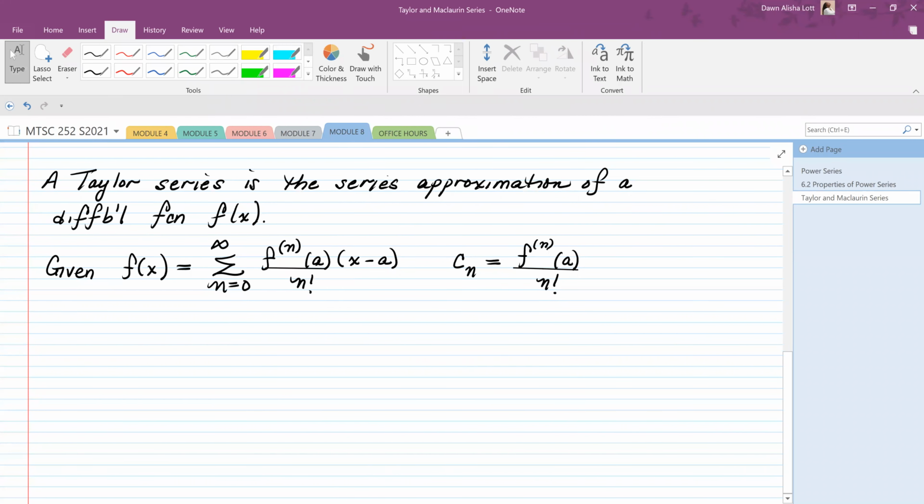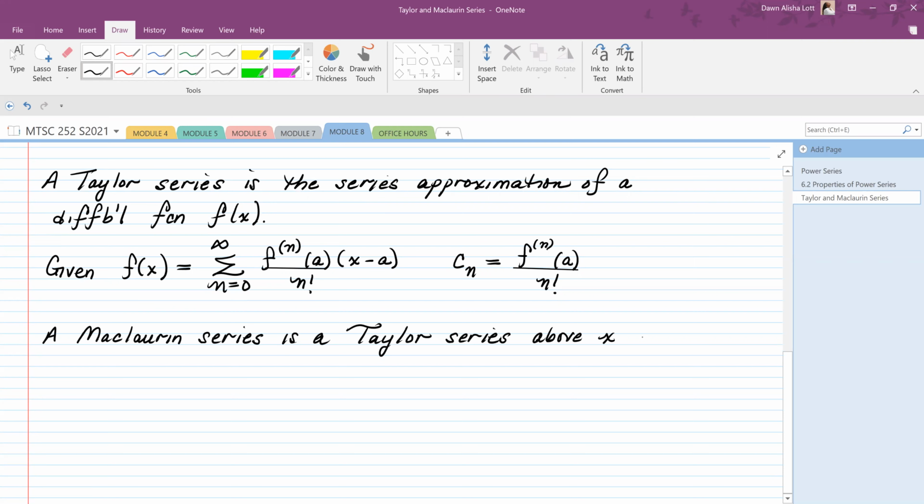Okay. So one other definition: a Maclaurin series is a Taylor series about x equal to 0. So in this case, my a is 0.